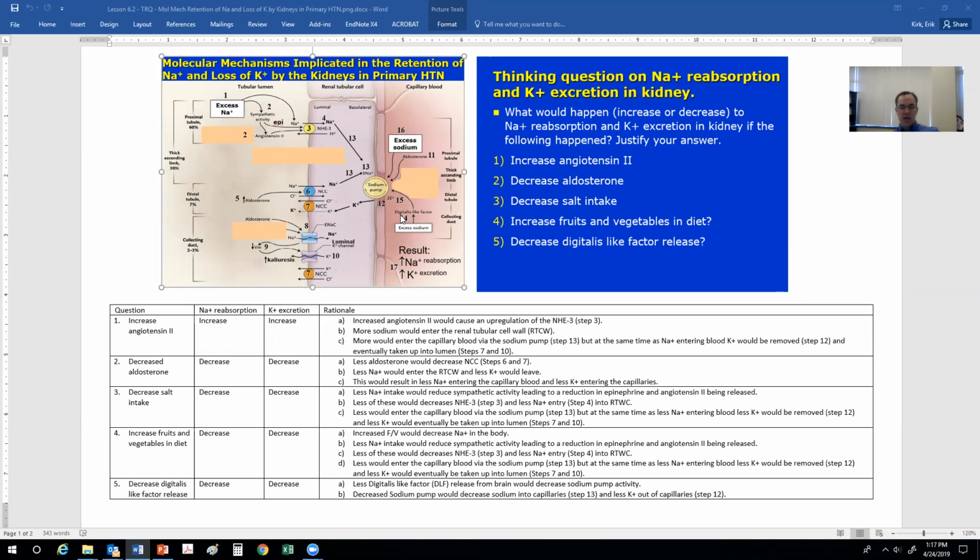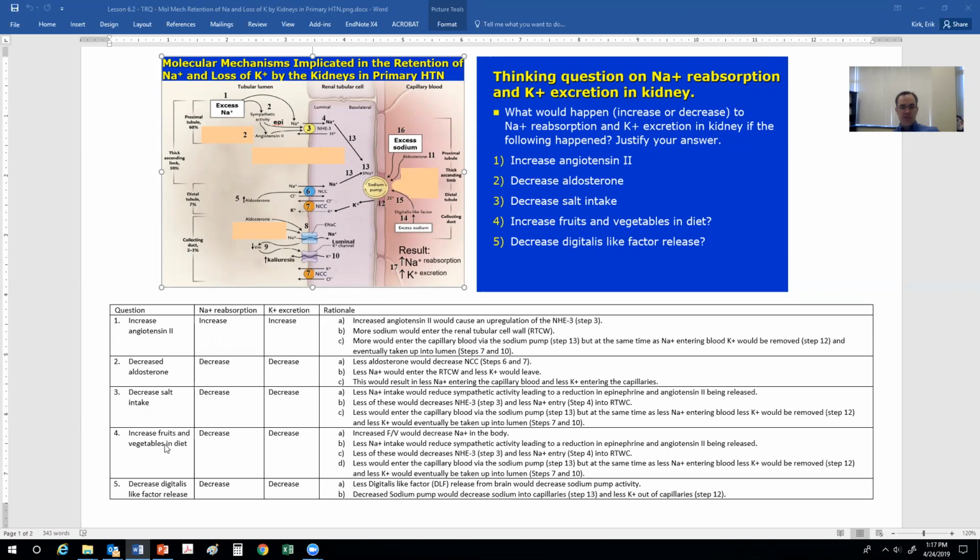Also, it would reduce the amount of digitalis-like factor that would be made, all of which would reduce the activation of the sodium pump, and therefore less sodium would be taken up into the capillary blood, and likewise less potassium would leave the capillary blood, and eventually less would make its way into the tubular lumen. Therefore, you have a decrease in sodium reabsorption and a decrease in potassium excretion.